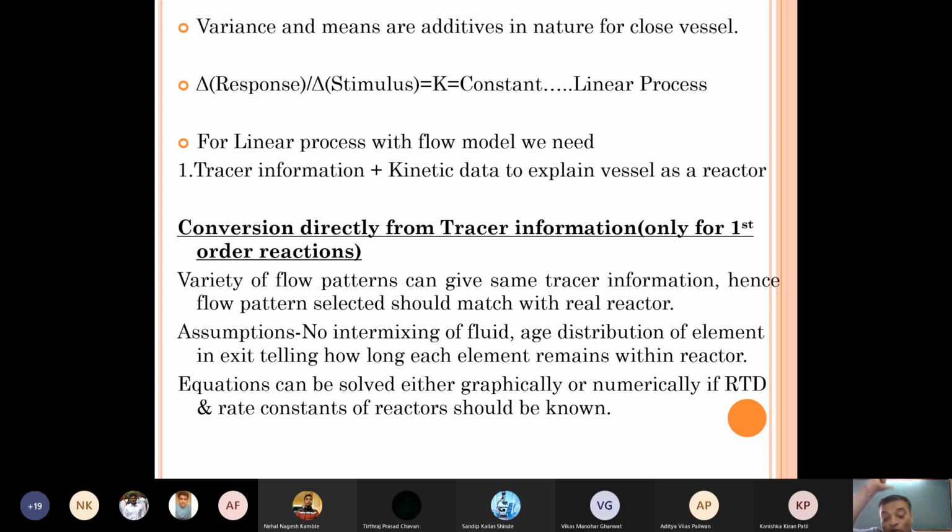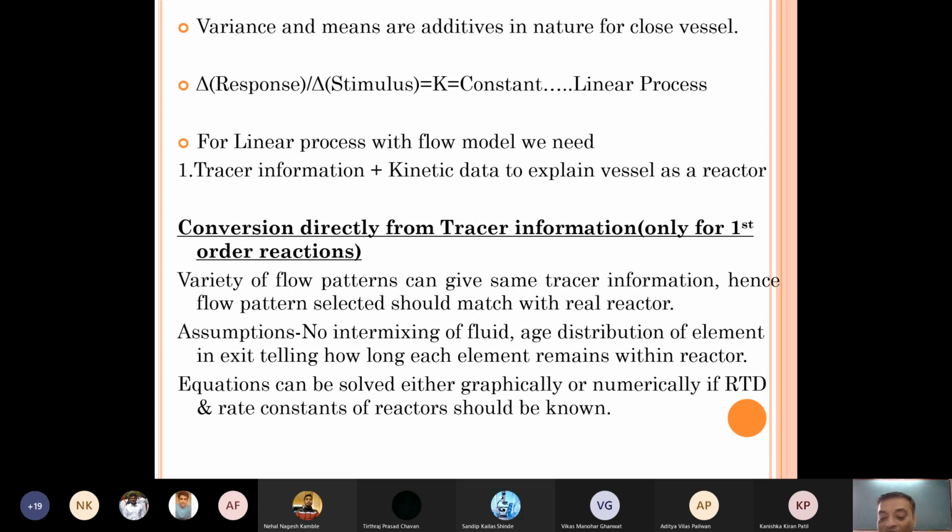Then we can also define a linear process. Difference in response, meaning output, divided by difference in stimulus, meaning input, is equal to k. Practically, suppose the input is 2 and the output is 1 unit.